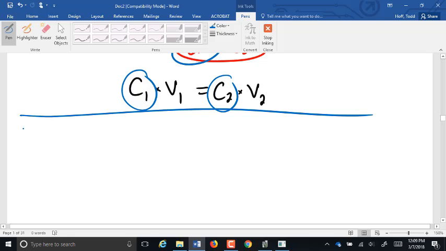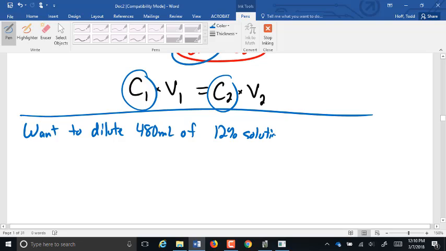Let's say that we want to dilute 480 milliliters of 12% solution to 10%.